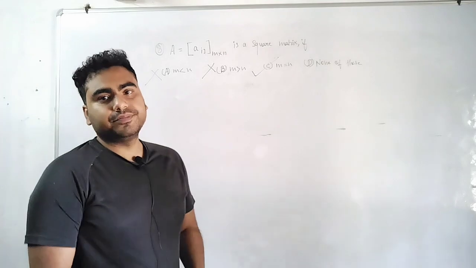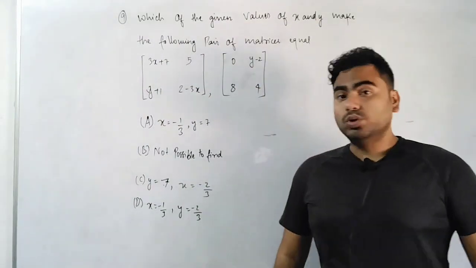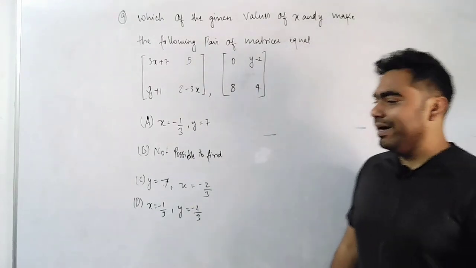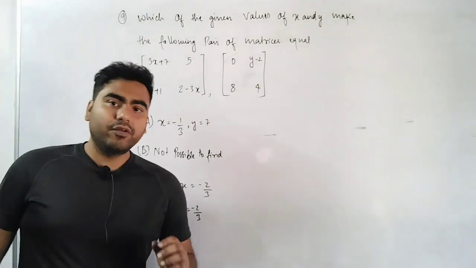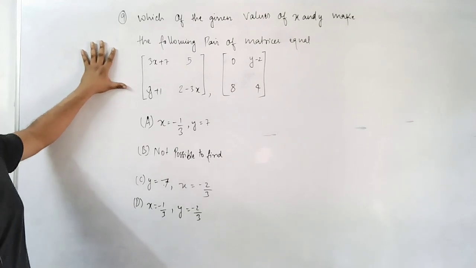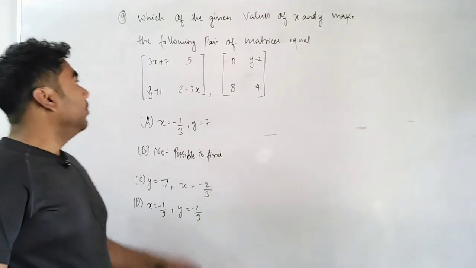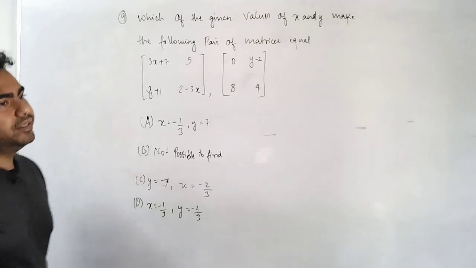Let's move to the next question. Question number 9. Which of the given values of x and y make the following pair of matrices equal? As we are aware, in order to say two matrices are equal, both must have identical elements.